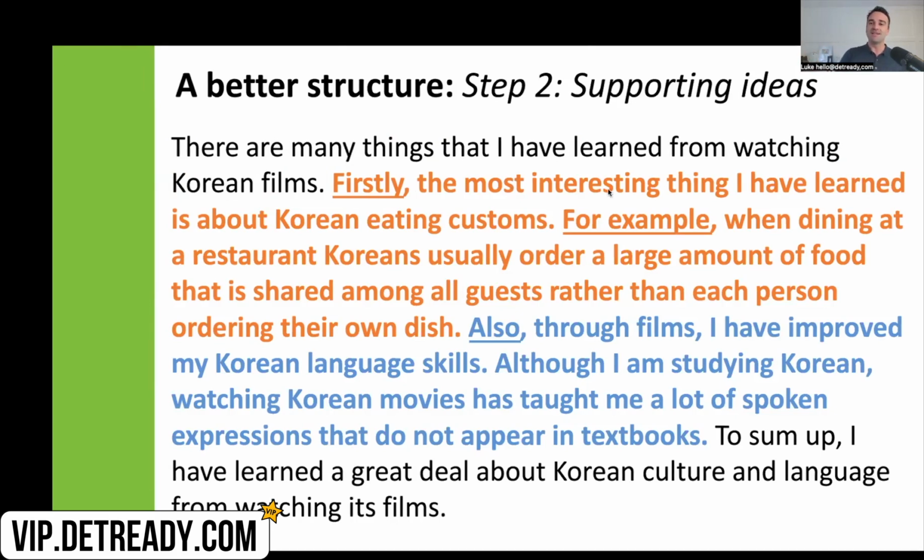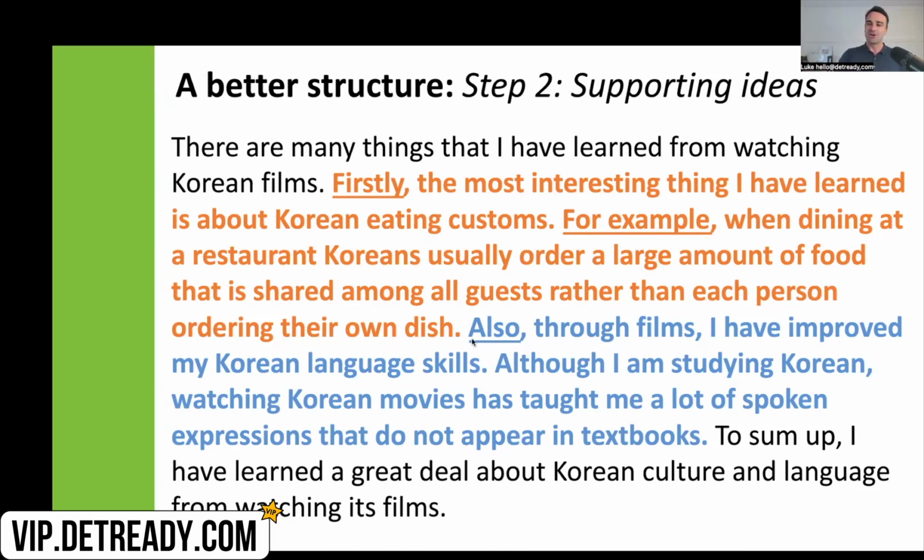So firstly, the most interesting thing I have learned is about Korean eating customs. That's my supporting idea. It's very short, but you haven't got long on the Duolingo test, only 5 minutes, so you can't write lots. For example, then I'm going to talk about my examples which back up my opinion.